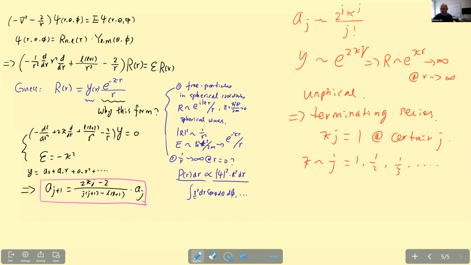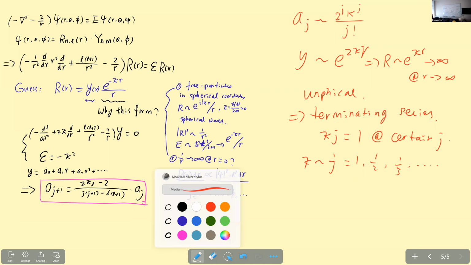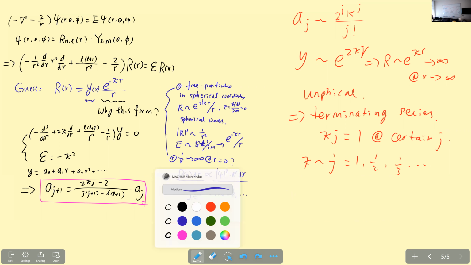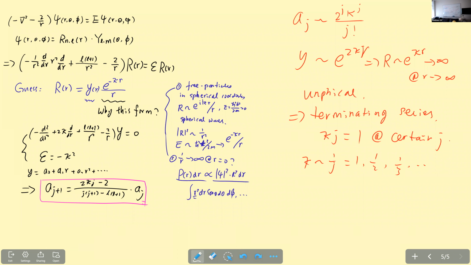And then for this energy, we immediately obtain that the energy must equal minus Rydberg over 1 squared, minus Rydberg energy over 2 squared, and so on.